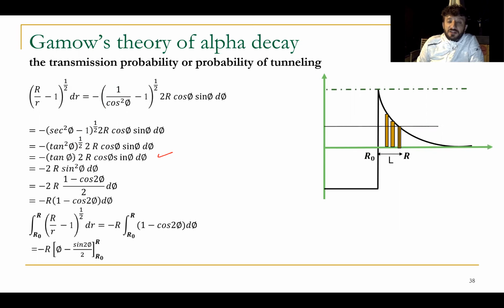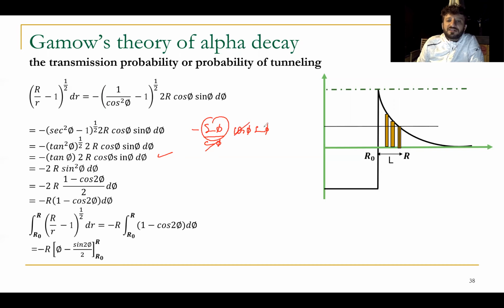We have tangent phi, which is equal to sine phi divided by cosine phi, and here we have cosine phi, sine phi. We have minus sine phi divided by cosine phi times 2R cosine phi sine phi. We can eliminate cosine with cosine.